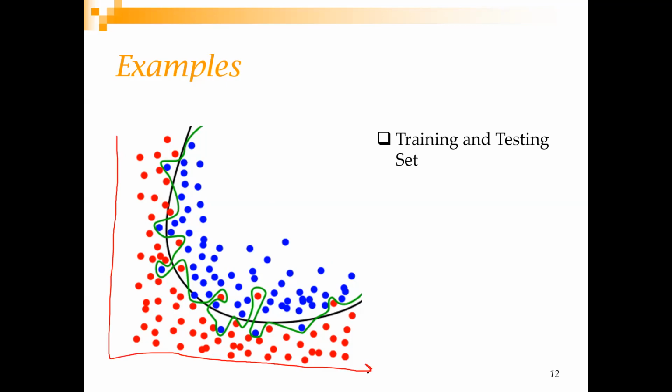Let me call this variable x1 and this variable x2. So what is your objective? The objective is that I simply draw a line such that on one side I have the red class and on the other side I have the blue class.